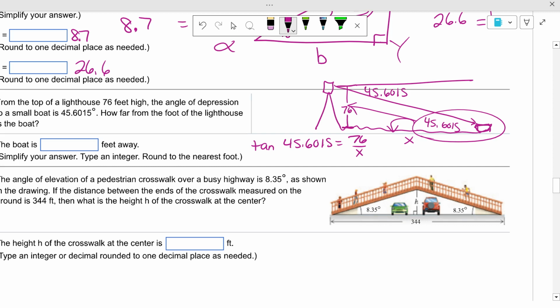Oh, no. I have a variable in the denominator. What am I to do? How do I get my variable out of a denominator? Multiply by x on both sides. So x tangent of 45.6015 equals 76, and divide by tangent of 45.6015.